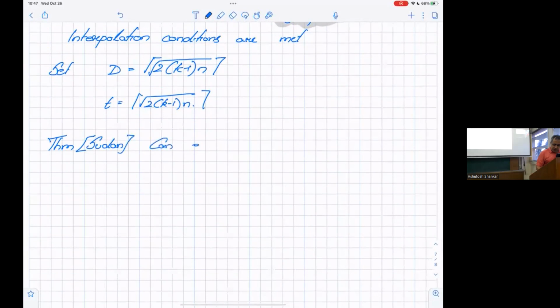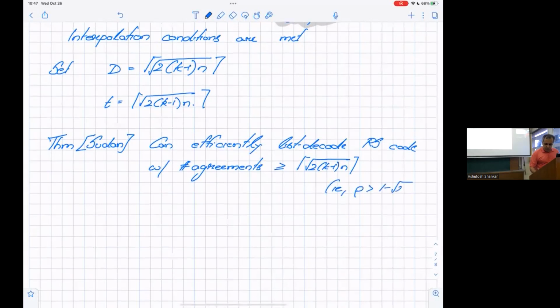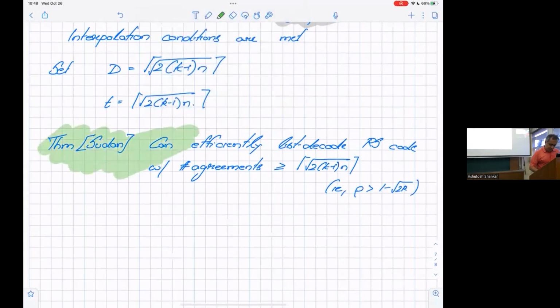Reed-Solomon codes can be efficiently list decoded with a number of agreements greater than the square root of 2kn, that is rho is greater than 1 minus the square root of 2R.